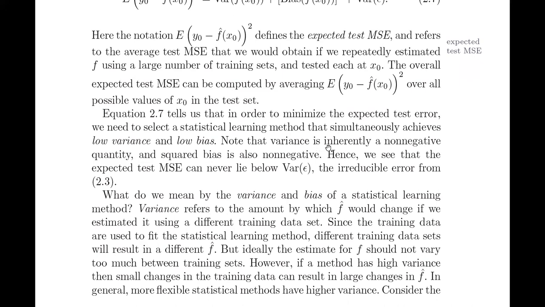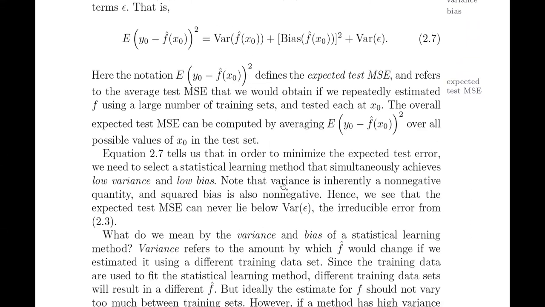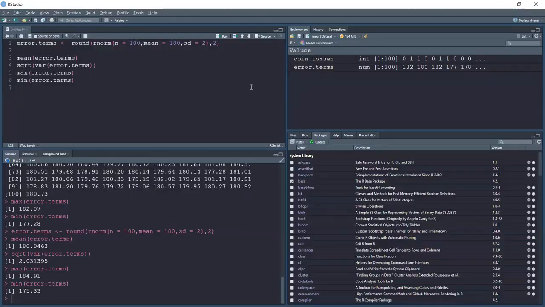Note that variance is inherently a non-negative quantity. Variance will always be non-negative. For instance, if I go into R and I try giving it a negative variance, when we say variance and standard deviation, they're practically the same thing.